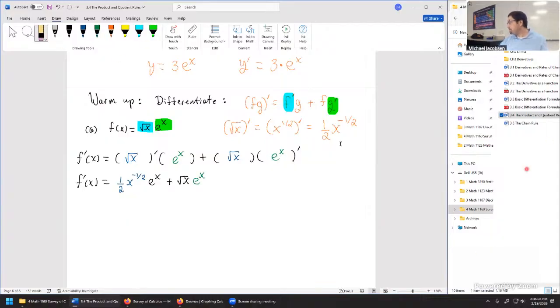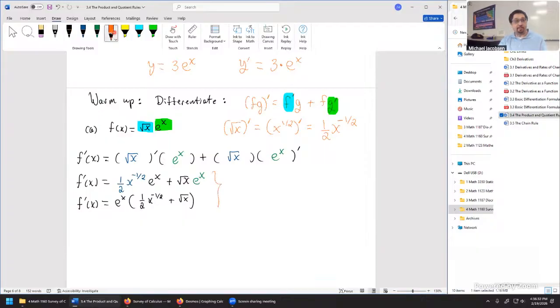And then, depending on how many steps you want to take on this one, this would be a great stopping point. You could factor out the e to the x like we mentioned on the other problems. Let's take that extra step just to convey that it's totally fine to do. F prime of x, if you decide to go one step further and factor, would be e to the x times 1/2 x power negative 1/2 plus the square root of x.